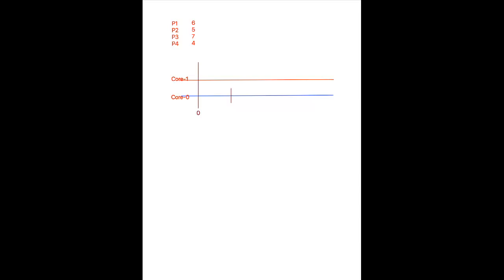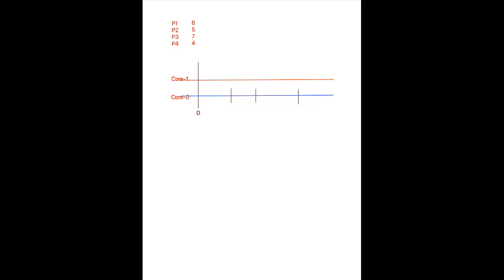Then next 6 to 11, then 11 to 18, next 7 units, and at last 18 to 22, something like this.